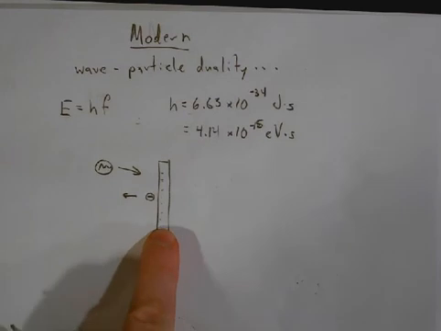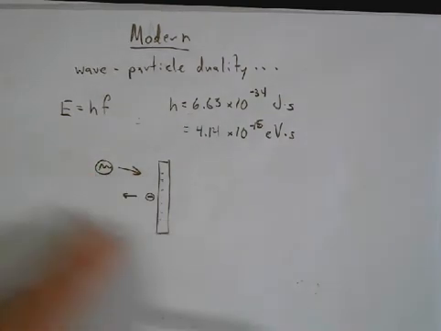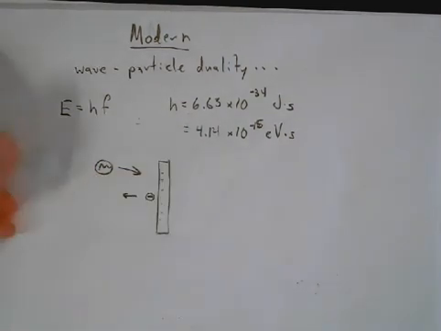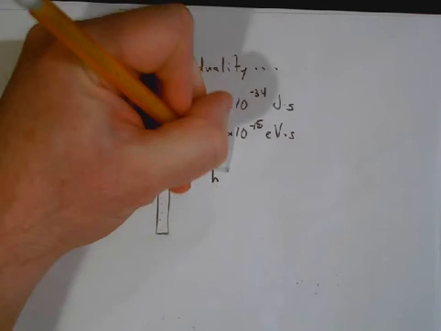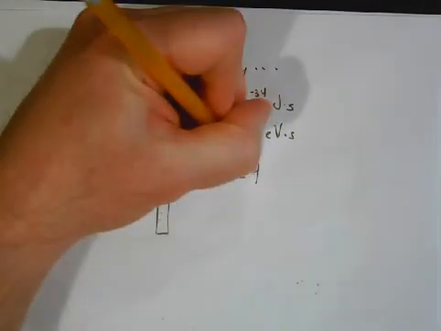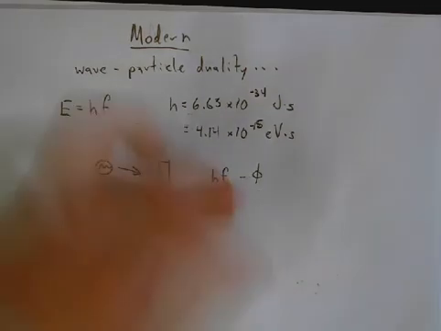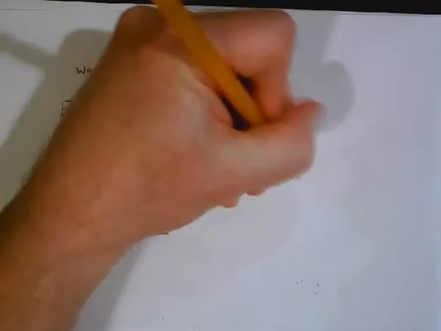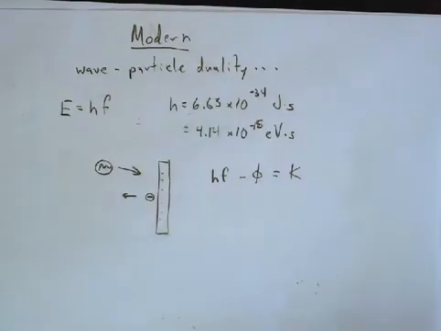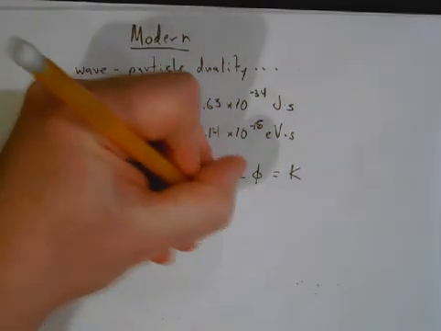But remember, those electrons are held onto the metal by a certain amount of energy called the work function. So if we were to write our energy equation from this, it would look like this. Hey, I start with light energy. I have to overcome the work function, and then whatever I'm left with is your kinetic energy. On your formula sheet, it's written this way.